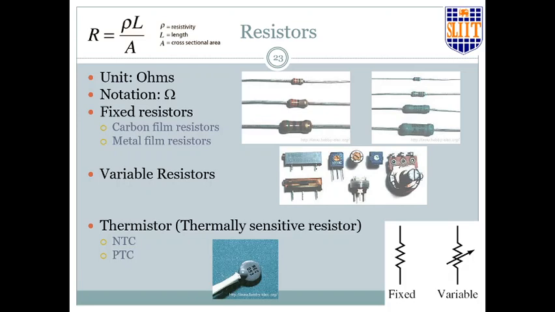Can you adjust the resistivity in there? No, because it is carbon. So the only parameters that you can adjust are the length of the carbon strip, the width and the depth, so the cross-sectional area.